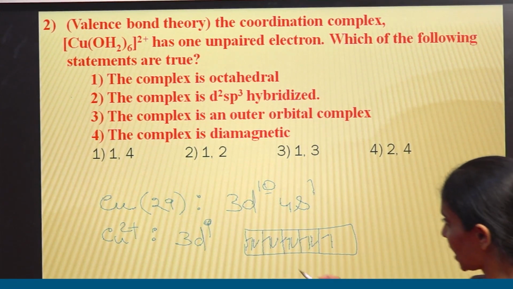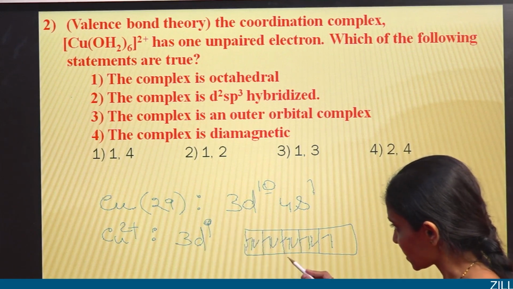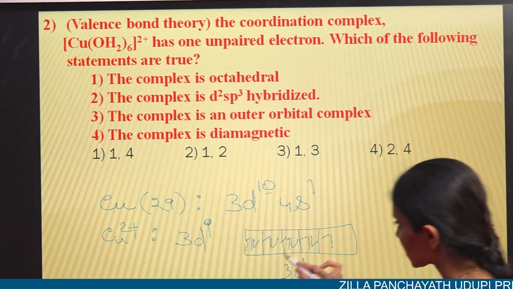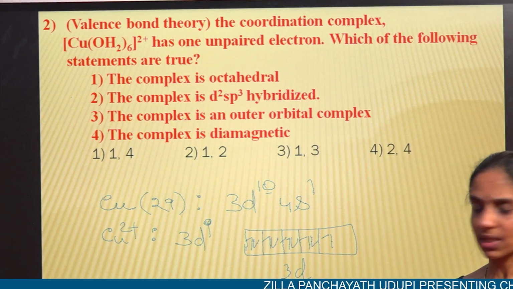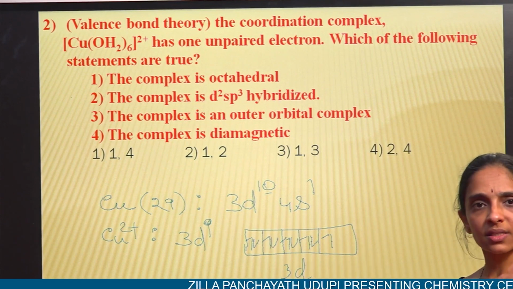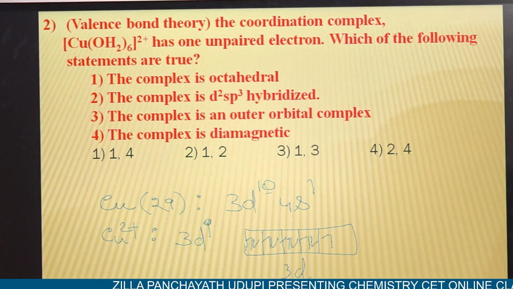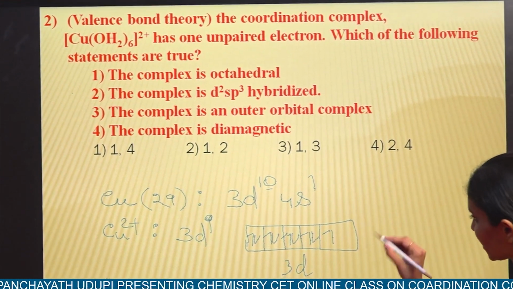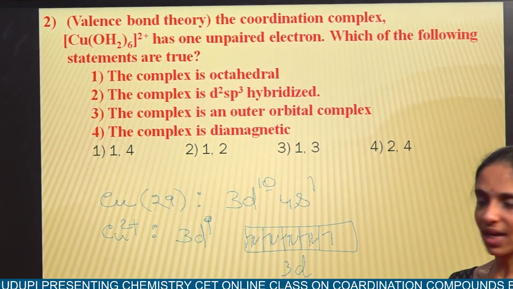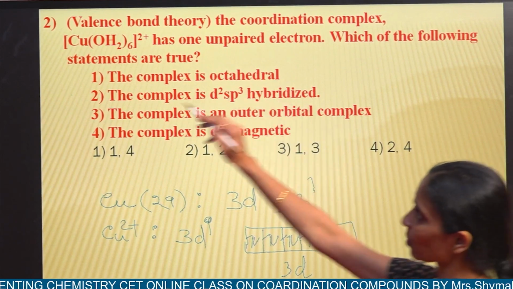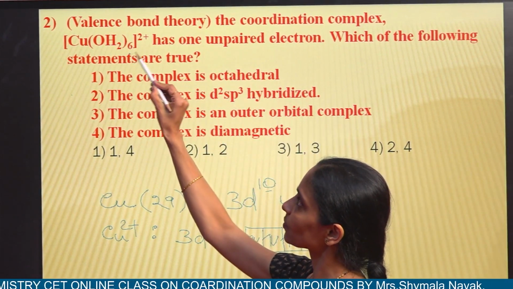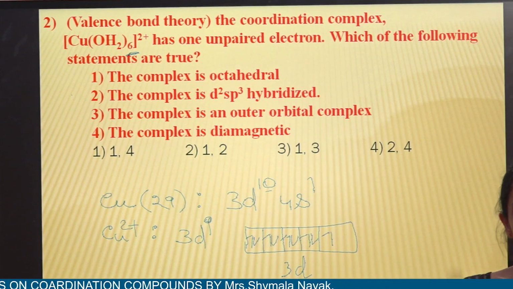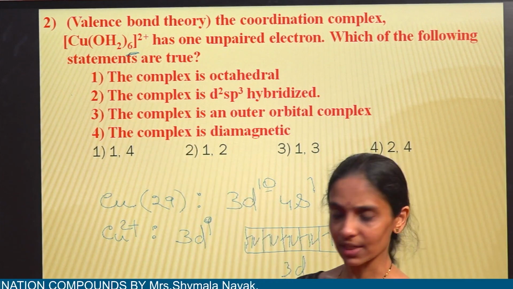Now, for copper 2+, in this complex, none of the 3d orbitals are available for hybridization, as all the 3d orbitals are occupied by electrons. So we have to take the next orbitals for hybridization. How many orbitals do we need? Actually we need 6 orbitals for hybridization because there are 6 ligands.